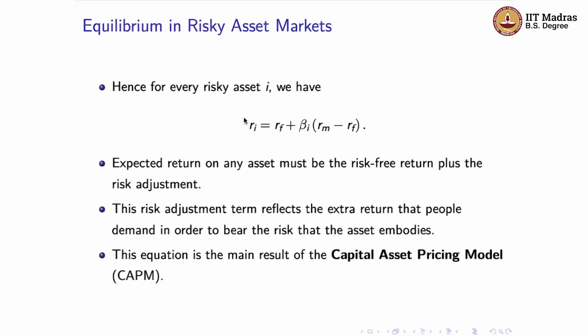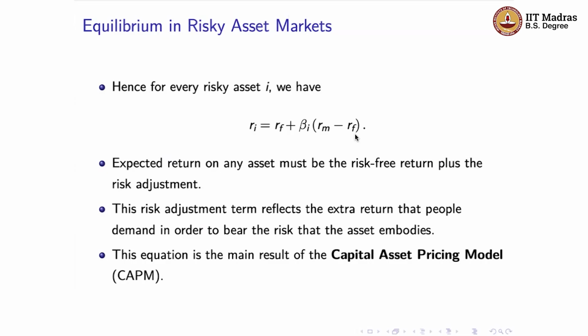And rearranging it, we get an expression for, in equilibrium, what's going to be the expected return on any asset. So the expected return on any asset must be equal to the risk-free return plus the risk adjustment term that we had derived, right? Why do we need this risk adjustment term? Because this basically reflects the extra return that people demand in order to bear the risk that the asset has.